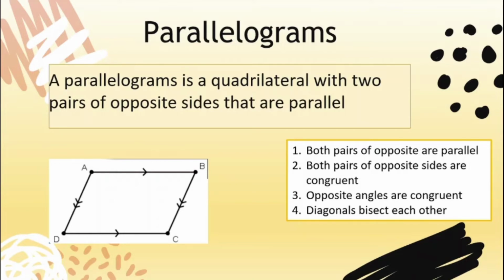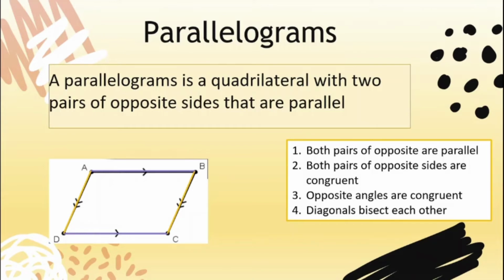Example, line AD and line BC are parallel, and both pairs of opposite sides are congruent. Example, line DC and line AB are congruent.